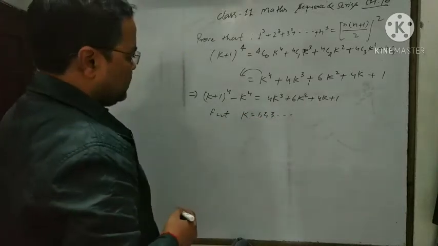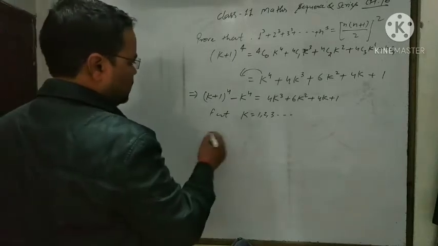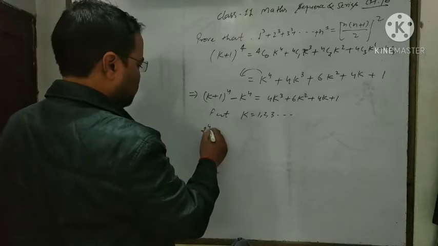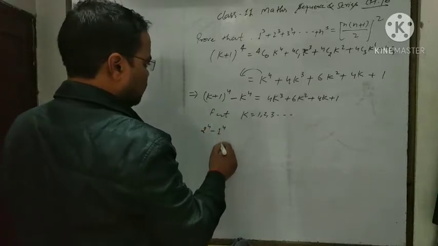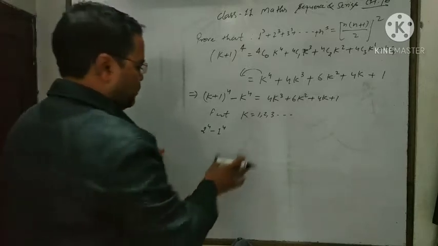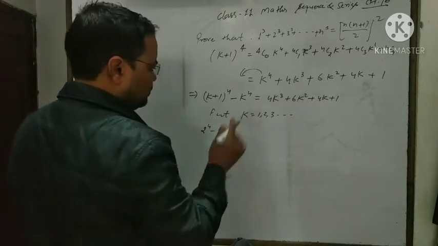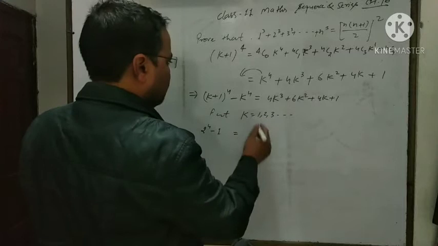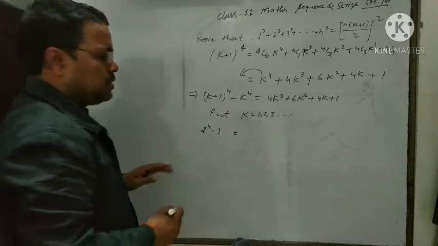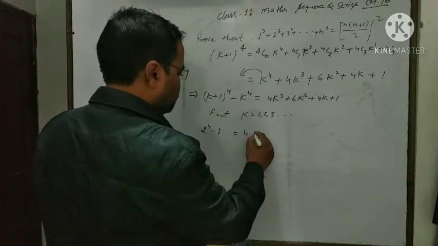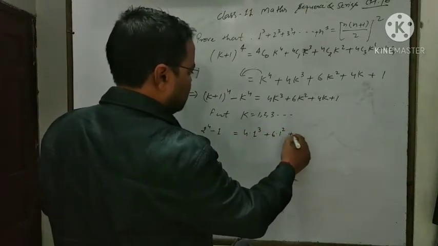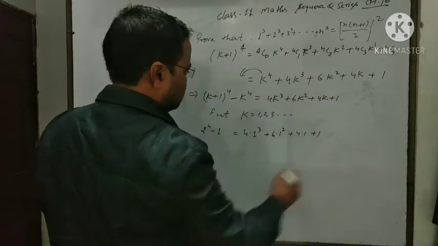If we put k equal to 1, then its value will be 2 raised to the power 4 minus 1 raised to the power 4, equal to 4 into 1 cube plus 6 into 1 square plus 4 into 1 plus 1.